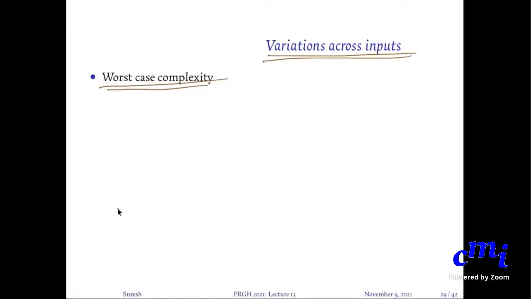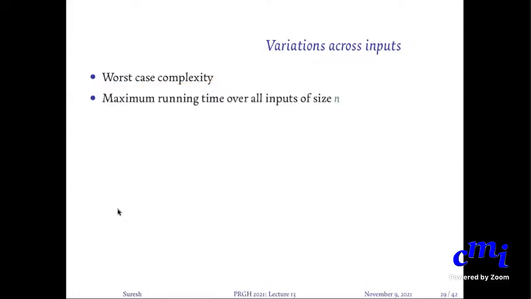So that is what you mean by worst case complexity. Maximum running time equals number of steps taken by program over all inputs of size n.